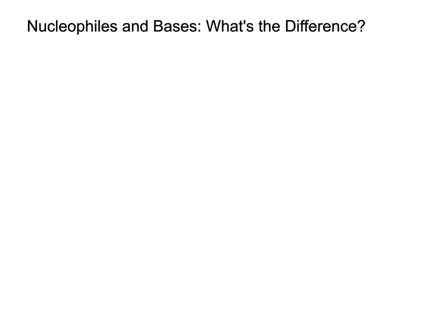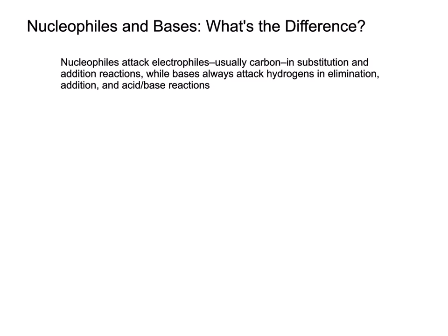Now, nucleophiles are going to attack electrophiles. In organic chemistry 1, that's usually carbon, but once you start getting into more and more reactions, you realize it can be any number of electrophiles, not just carbon. And they do so in primarily substitution reactions and addition reactions. Bases, on the other hand, always attack hydrogens, and when they do so, it's in elimination, addition, and in acid-base reactions.